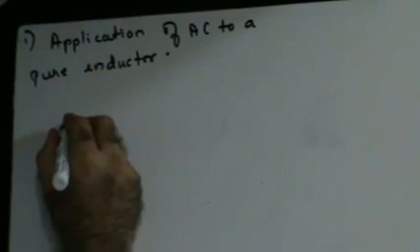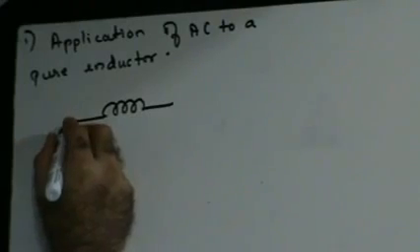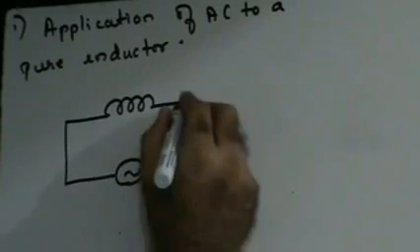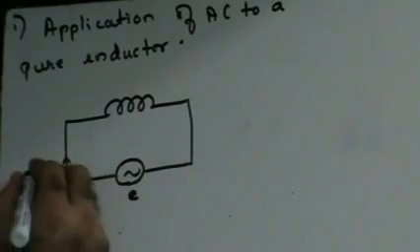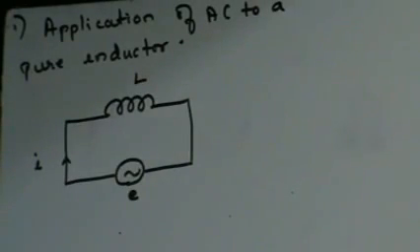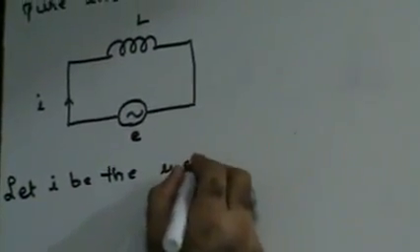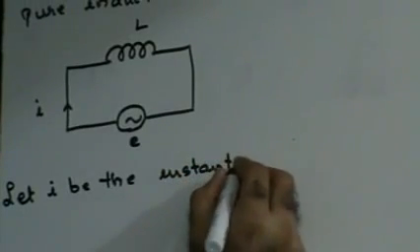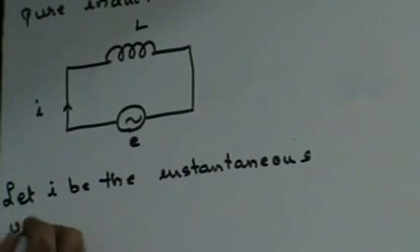Now, let's connect a coil in an AC circuit. Let's assume EMF source E, current I, and a coil inductor L. Let I be the instantaneous value of current.